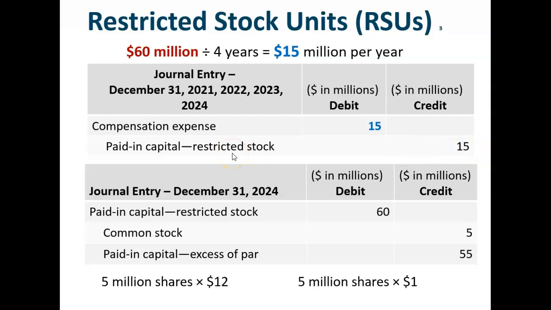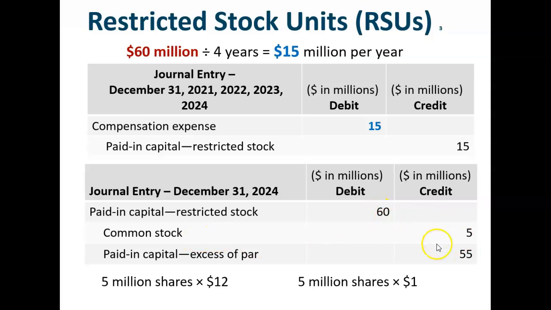Once the stock award vests after the 4 years of service, the shares of stock are issued and the paid-in capital account - restricted stock is eliminated by debiting the account for the $60 million accumulated over the 4-year period. Debit paid-in capital - restricted stock, $60 million, removes that account from the books.